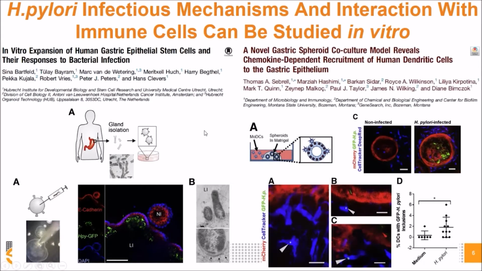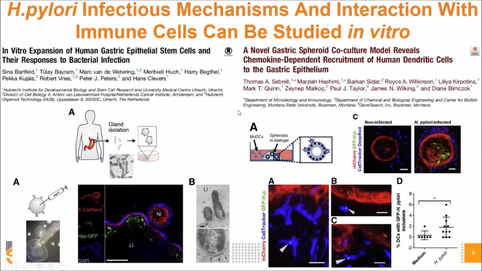In a follow-up paper, scientists used gastric organoids to model the interaction not only of Helicobacter pylori with the epithelium, but also with immune cells.